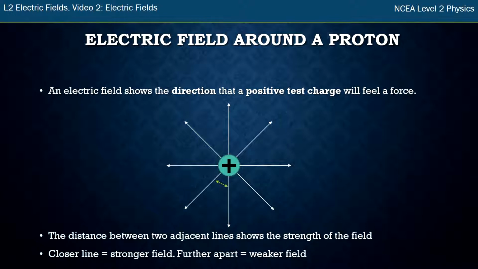But if I look at those same lines a bit further away, they're further apart. So with a proton, the field gets weaker and weaker the further out you go, because the lines get more and more spread out. So now for our electric fields, we've got direction and we've got strength, which is given by how close or how far apart the lines are.